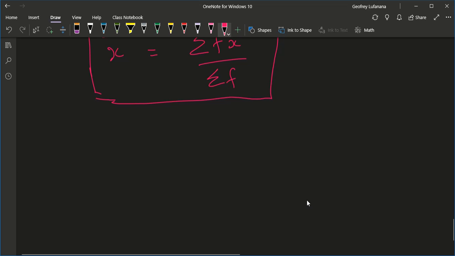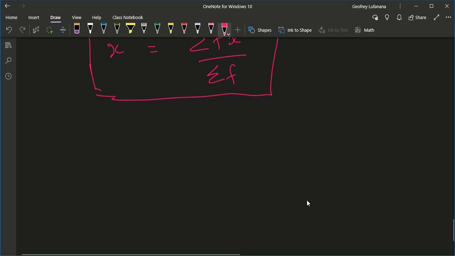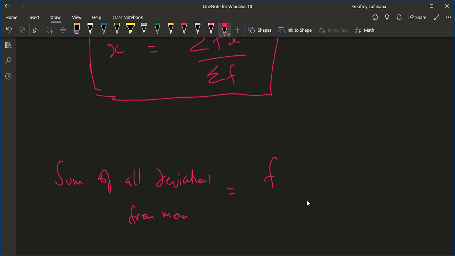Next, if I'm to calculate the standard deviation, I would start with the sum of all the deviations from the mean, which is f into (x minus x bar) squared.